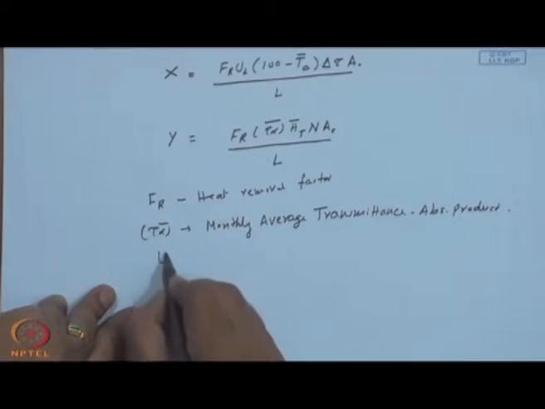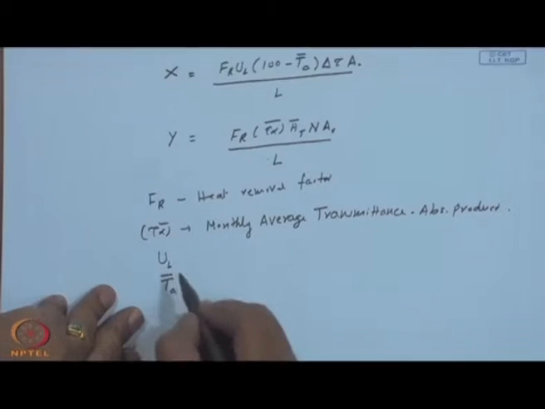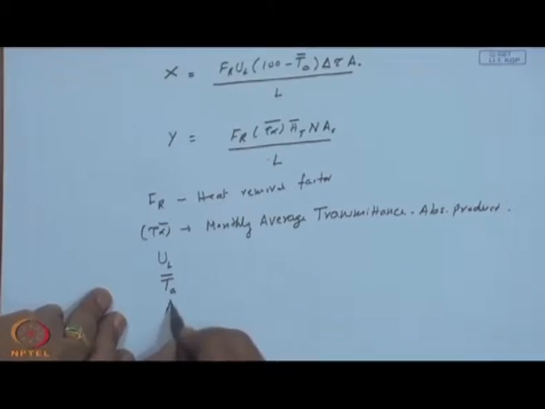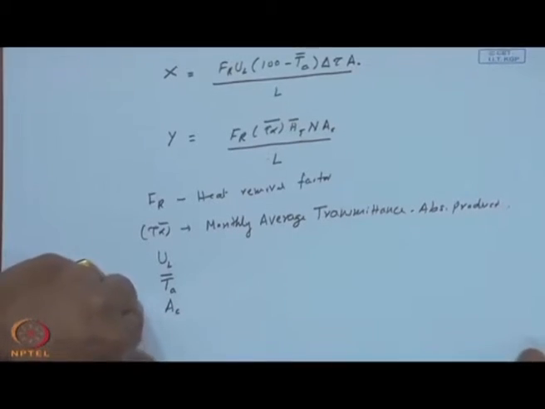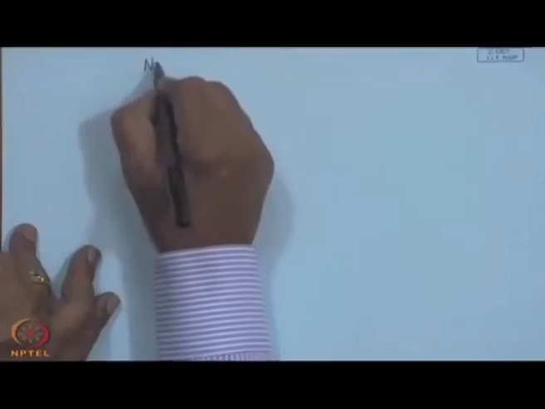Of course, UL is the overall heat loss coefficient, TA bar is the monthly average daily temperature, AC is the collector area, and these are all what we have written in detail in the last lecture, so I am not repeating. N is the number of days.